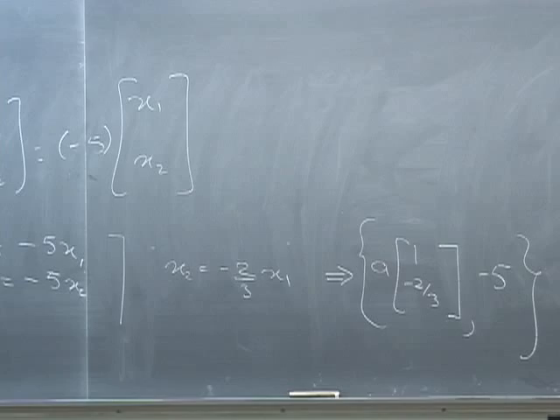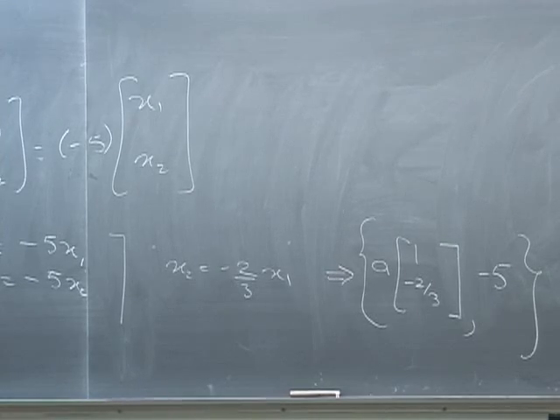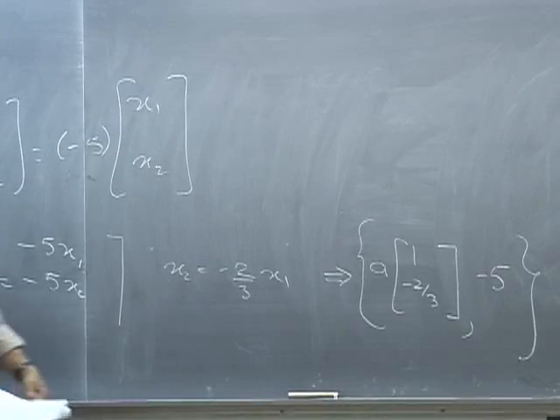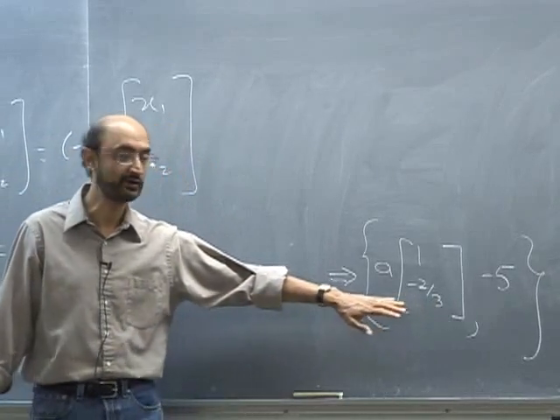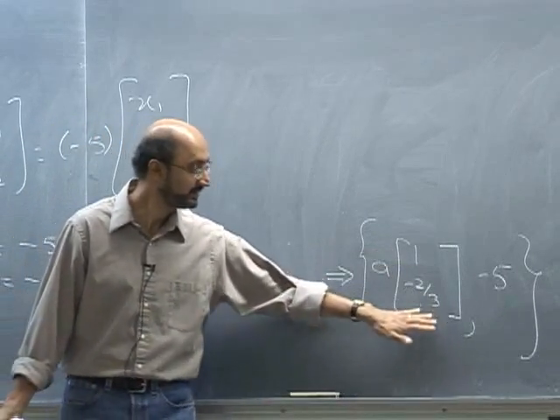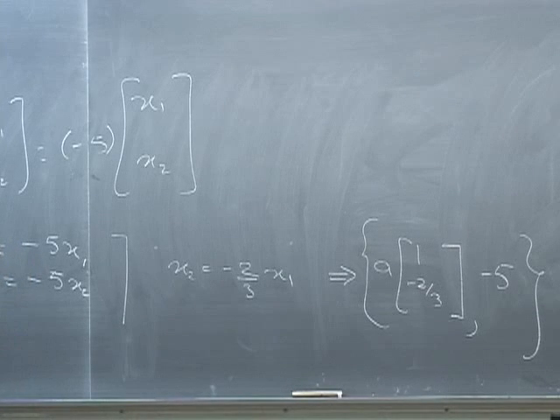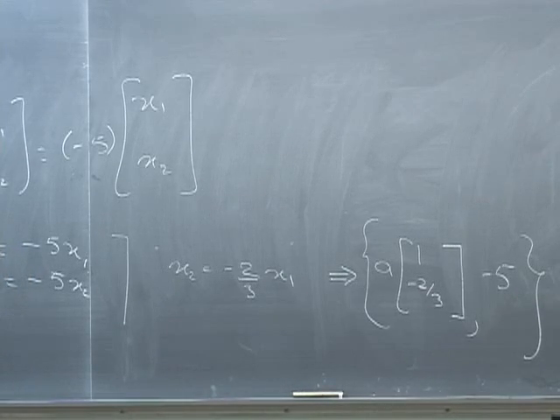So what you're saying is that this matrix, when applied to any vector of this infinite set of vectors of the form a times (1, minus 2 over 3), is going to give you the effect of a scalar multiplication by the value minus 5.